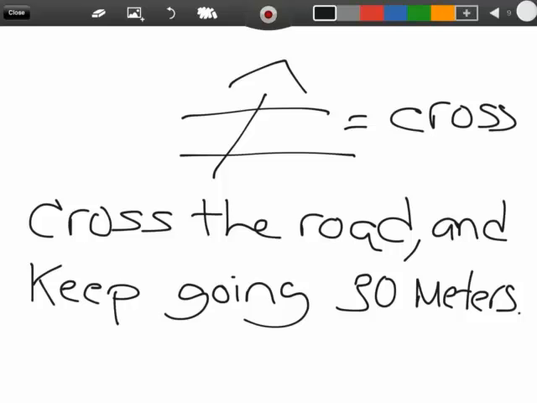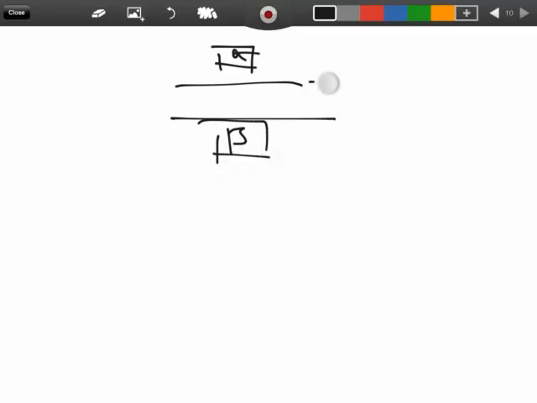Now, moving on to our next part. I gave you a figure like this, as I recall, and this was opposite.